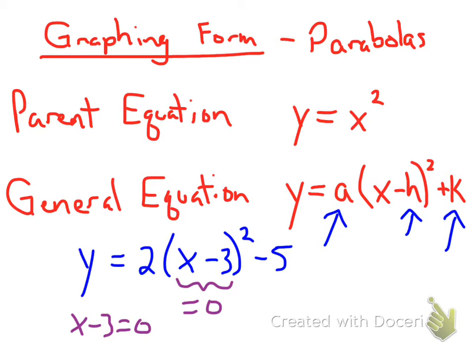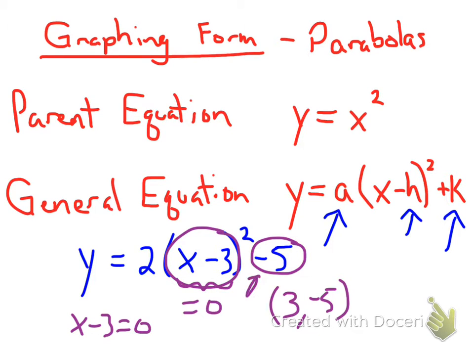When I add 3 to both sides, I get an x value of 3. The -5 is my k value. So my locator point, or vertex, for this parabola is now at (3, -5). So anytime you're given your general equation, you set this set of parentheses equal to 0, and you look at what your k value is, and that'll give you the vertex.